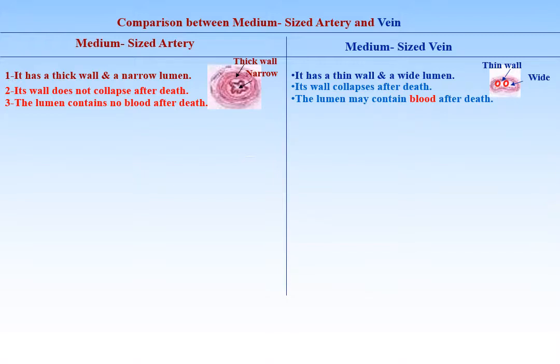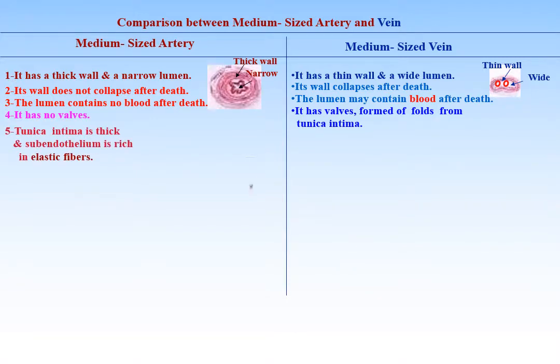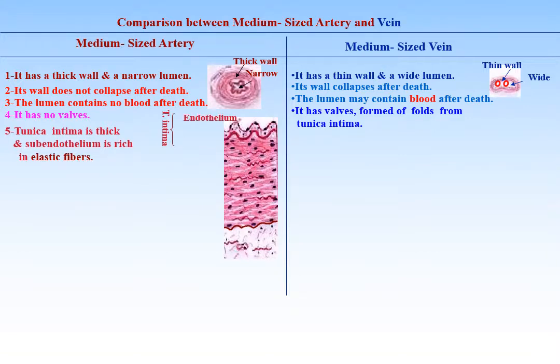A medium-sized artery has no valves, while a medium-sized vein has valves formed of folds of the tunica intima. Structure: tunica intima of a medium-sized artery is thick relative to the vein, and its subendothelium is rich in elastic fibers. There is a clear internal elastic lamina.